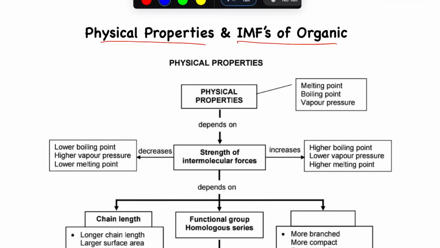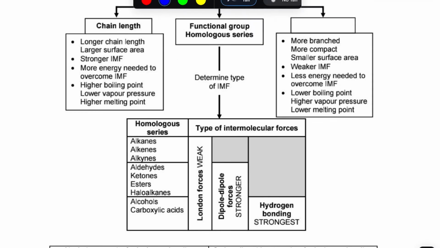I'm not going to dwell on the definitions of them. When it comes to the definitions, you have to look at the exam guidelines, strictly exam guidelines, they give you definitions there. Now, the physical properties depend on the strength of the intermolecular forces. The intermolecular forces that we're going to look at are hydrogen bonding, the London forces, and the dipole.